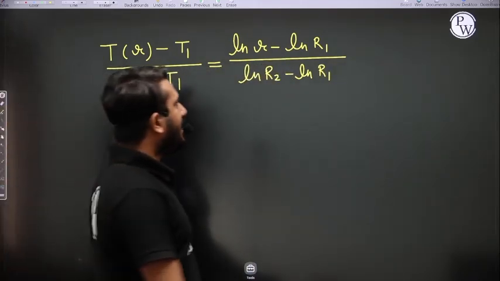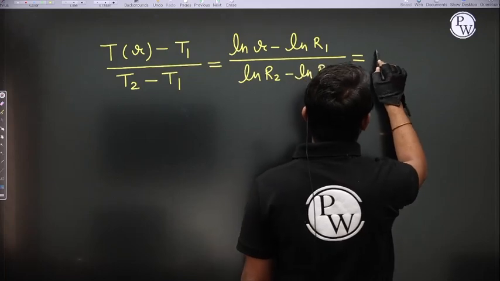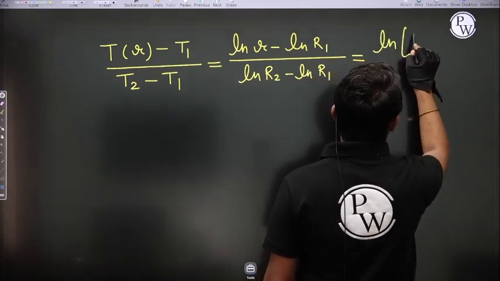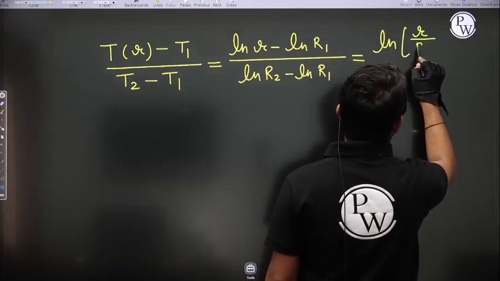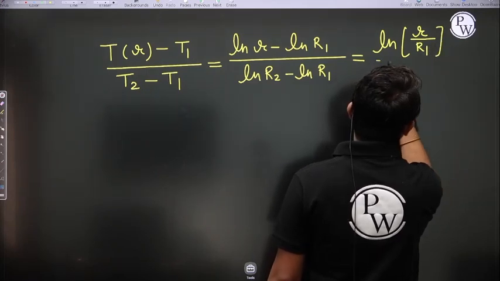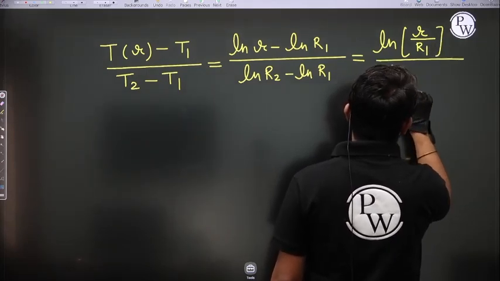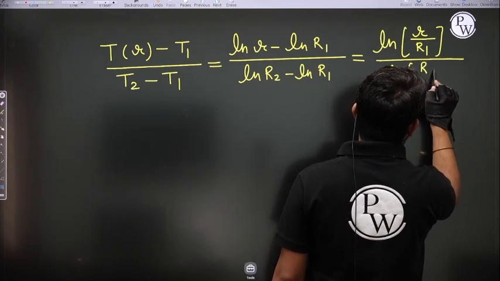Or you can write it in this way: ln of R by R1 divided by ln of R2 by R1.